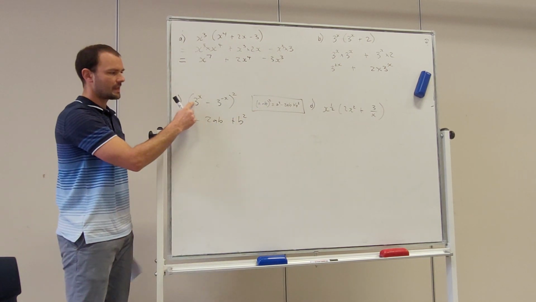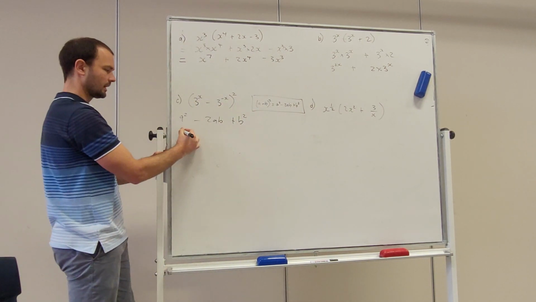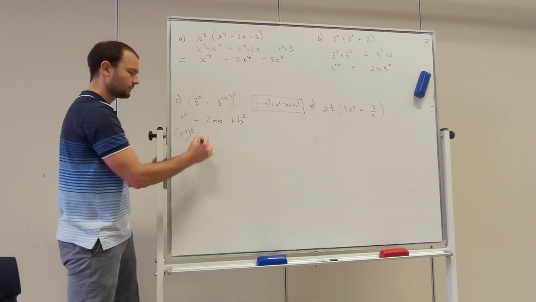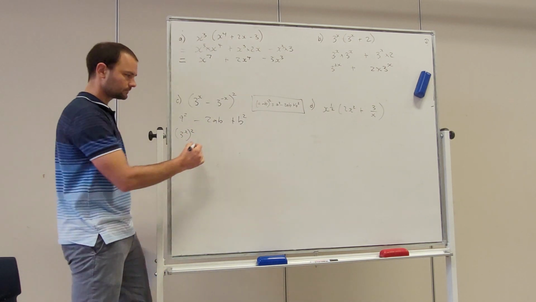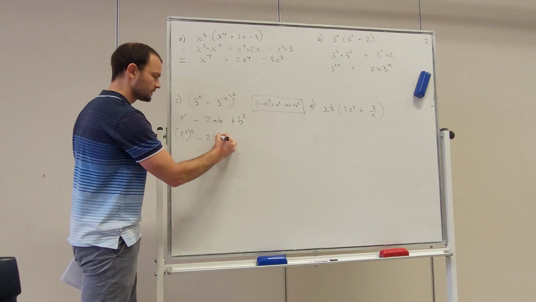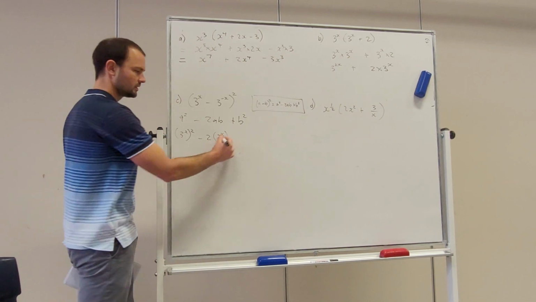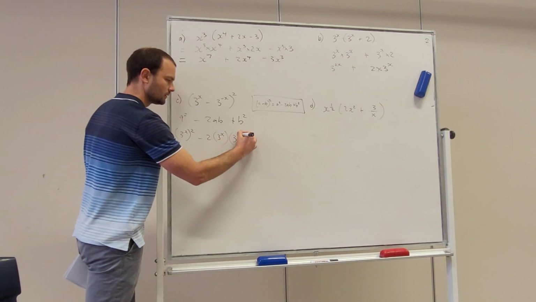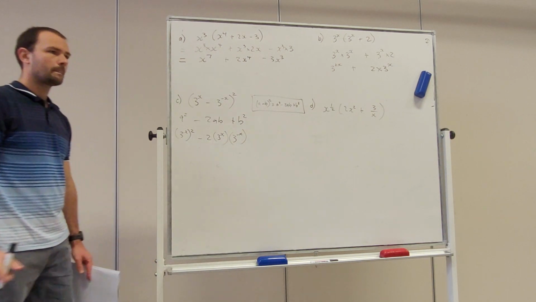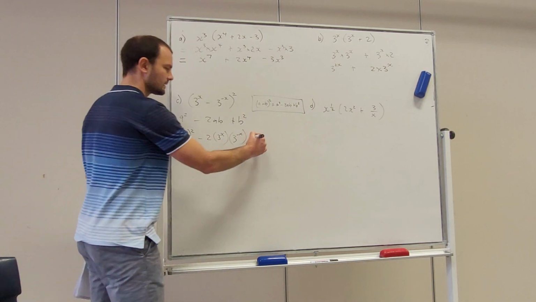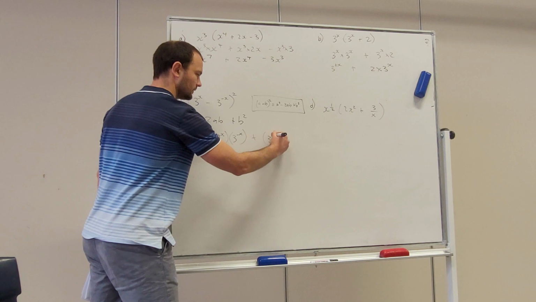Remember, this is A, this is B. So we're going to have 3 to the x squared, that's A squared, take away 2 lots of A times B, and then plus B squared.